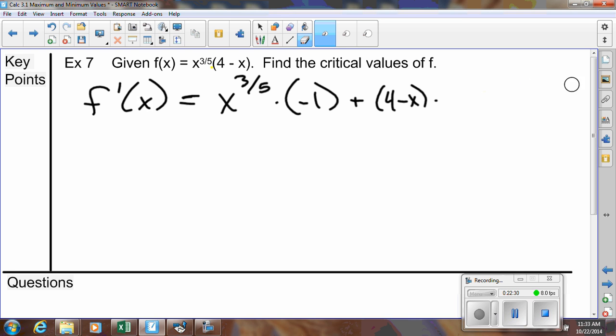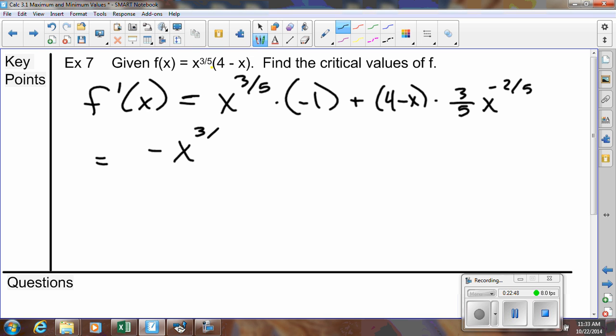So what's the derivative of x to the 3/5? 3/5 x to the 3/5 minus 1, so -2/5. Okay, so when we rewrite this, that would be -x to the 3/5 plus 4 minus x times 3/5 over x to the 2/5.